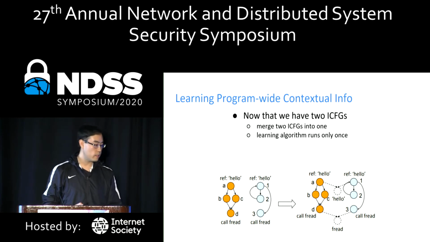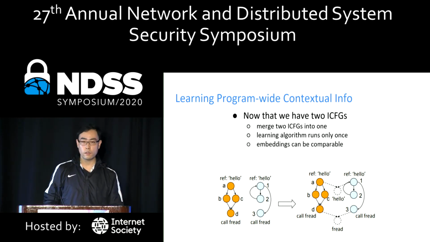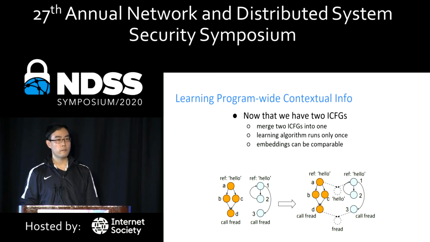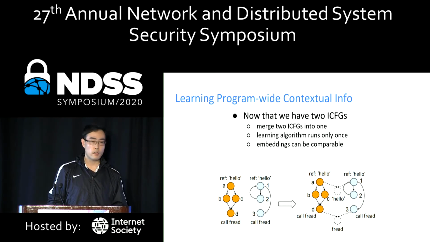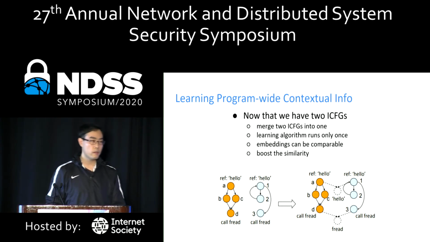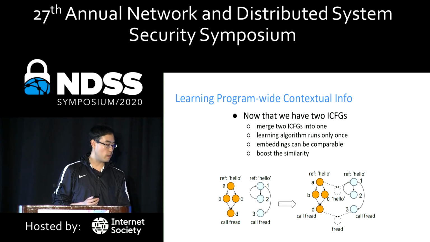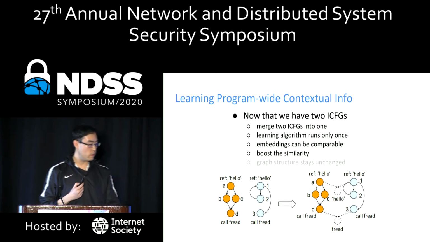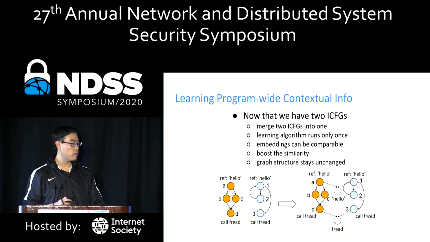More importantly, if we learn it only once, then the generated embeddings become comparable. Otherwise, they may not be. We also boost the similarity between the basic blocks that should be matched. And one more thing is that the graph structures will stay unchanged. So those are our goals.